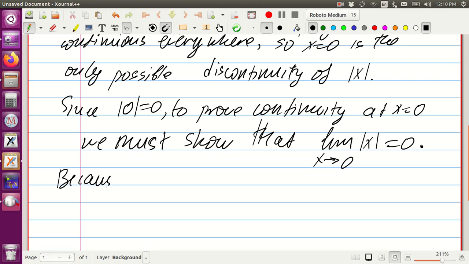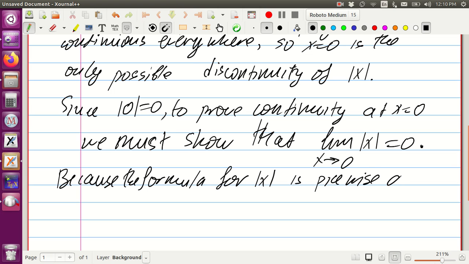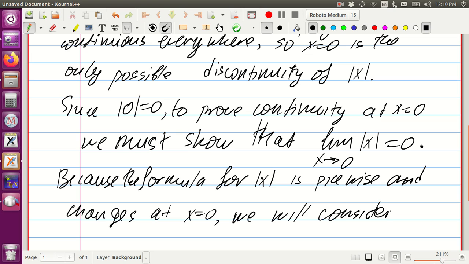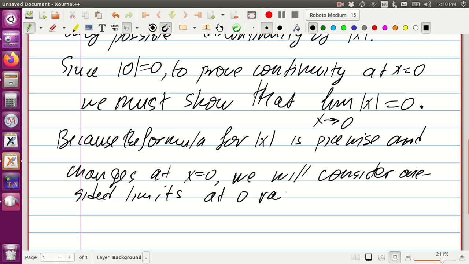And because the formula for absolute value of x is piecewise, and changes at x equal to 0, we will consider one-sided limits at 0.